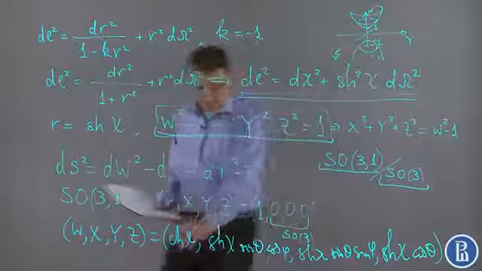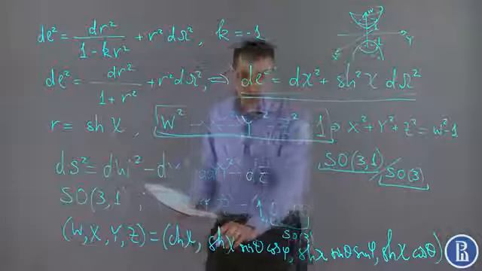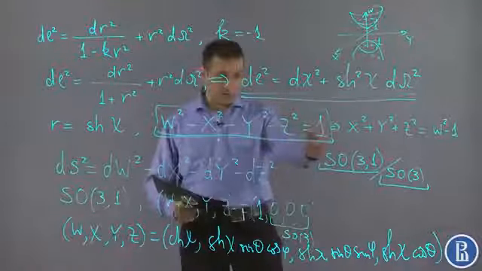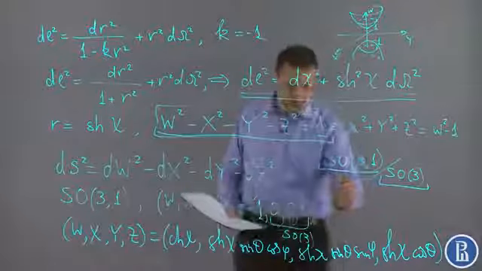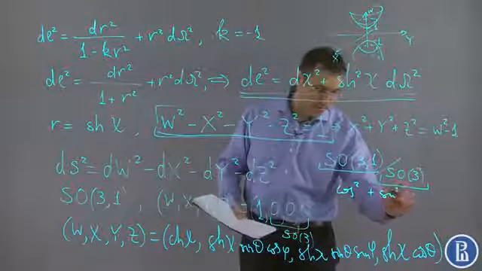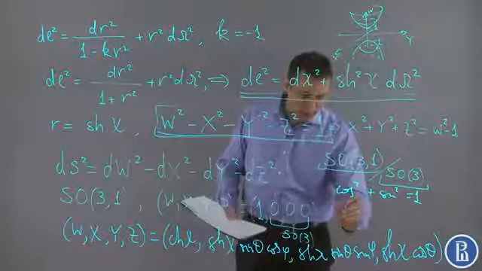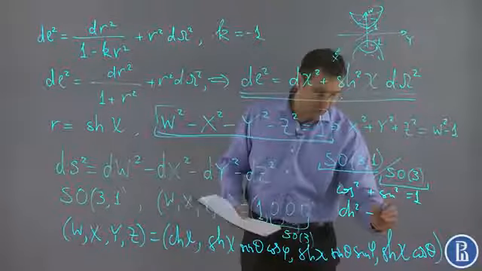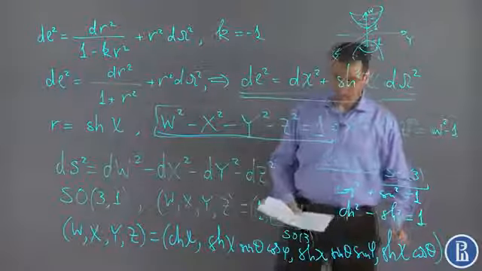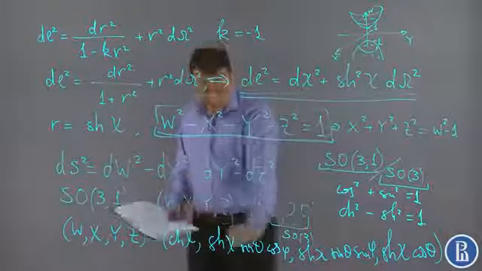Obviously, if one squares this, minus the square of this, minus the square of this, minus the square of this, one will have this equation as a consequence of the fact that cosine squared plus sine squared is equal to 1, while hyperbolic cosine squared minus hyperbolic sine squared is equal to 1. So this does solve this equation.